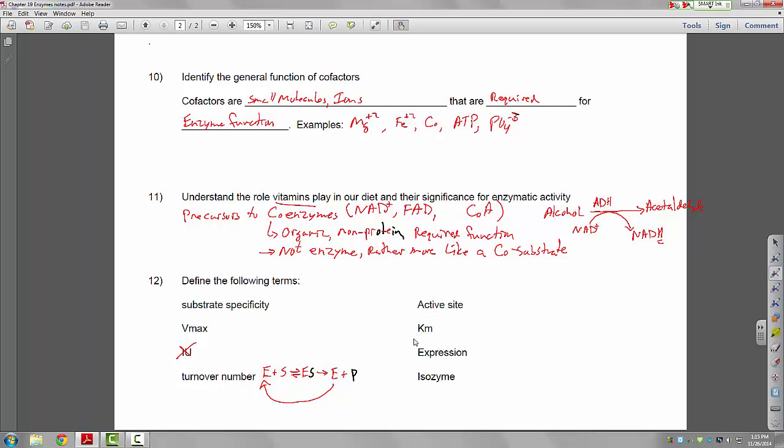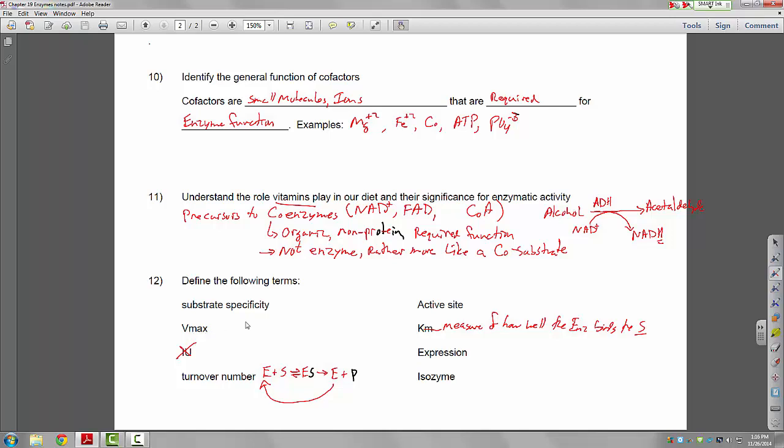Km, again, is a measure of how well the enzyme binds the substrate. And if you remember, it's really the substrate concentration that gives 1/2 the Vmax, 1/2 the maximal rate.